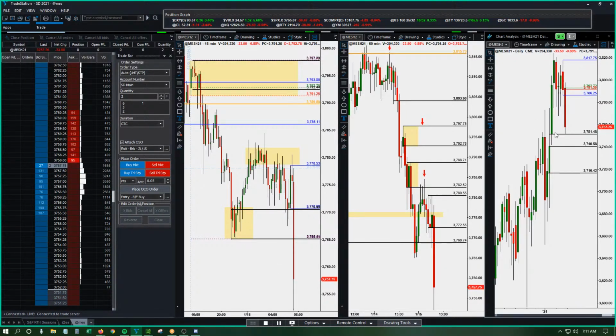Two ticks above this daily level, this open on this candle. Getting a little bit of a bounce.